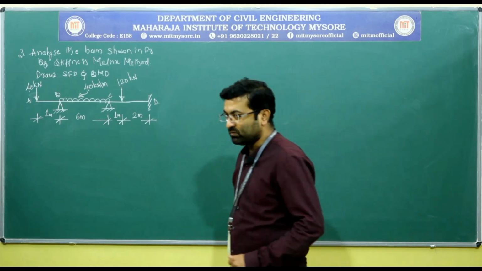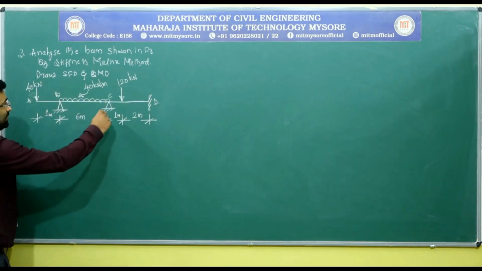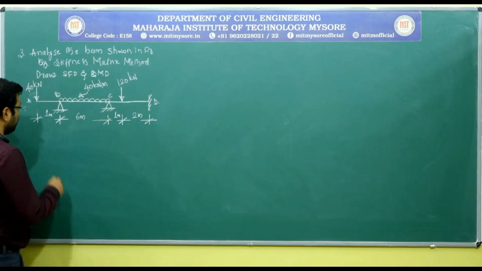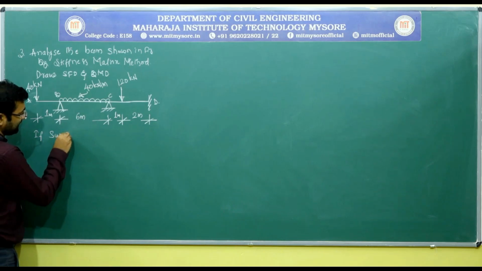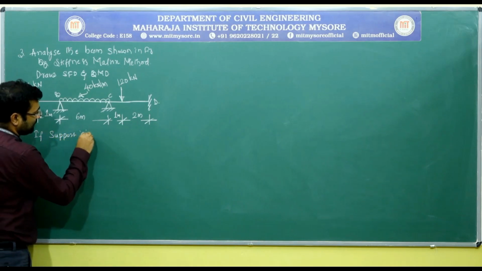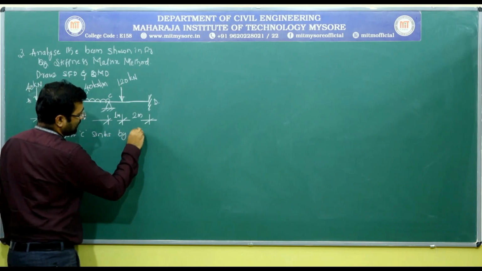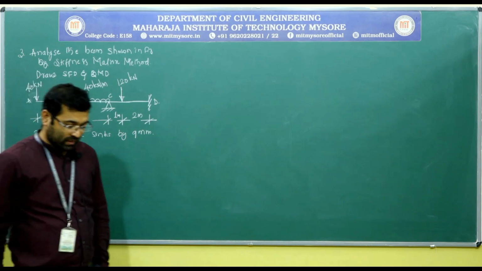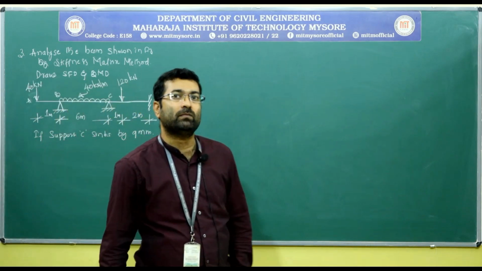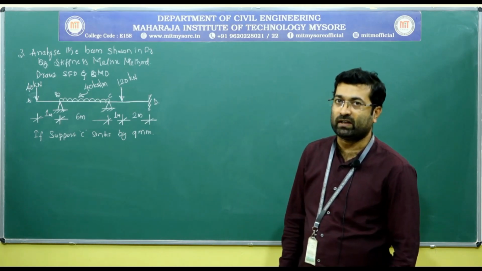So here we have one more thing, that is if the support C, that is this support, sinks by 9 millimeter, we need to analyze the continuous beam and draw the shear force and bending moment diagram.